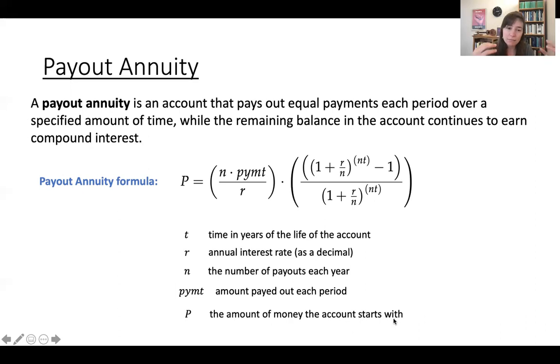So this is the big difference. In your ordinary annuity account, you start with nothing, you make regular payments, and then you build up to a large sum. In a payout annuity, you start with a large sum. That's your P. Your account starts with a large amount of money, and then you periodically take money out until you get down to zero.